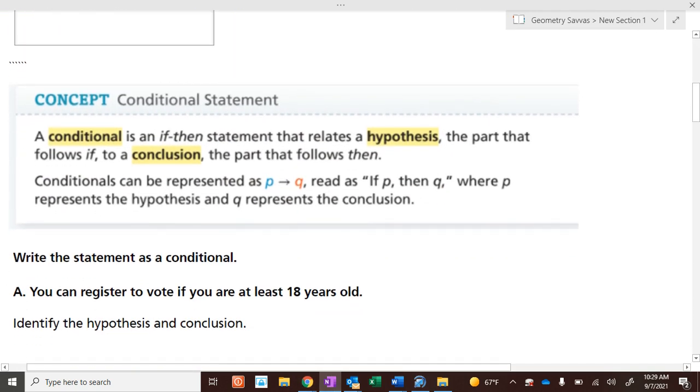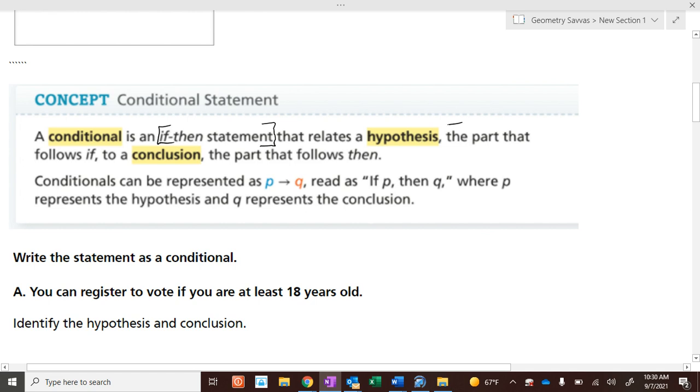Okay, so we have 3 vocab words right here. Okay, so for conditional, when it comes to the quiz, it'll contain this whole sentence, but all you have to do is write this part for conditional. It's an if-then statement. Okay, a conditional is an if-then statement that relates a hypothesis to a conclusion, but on your vocab sheet, just write down that it's an if-then statement, and that should be good enough for me for the vocab sheet.